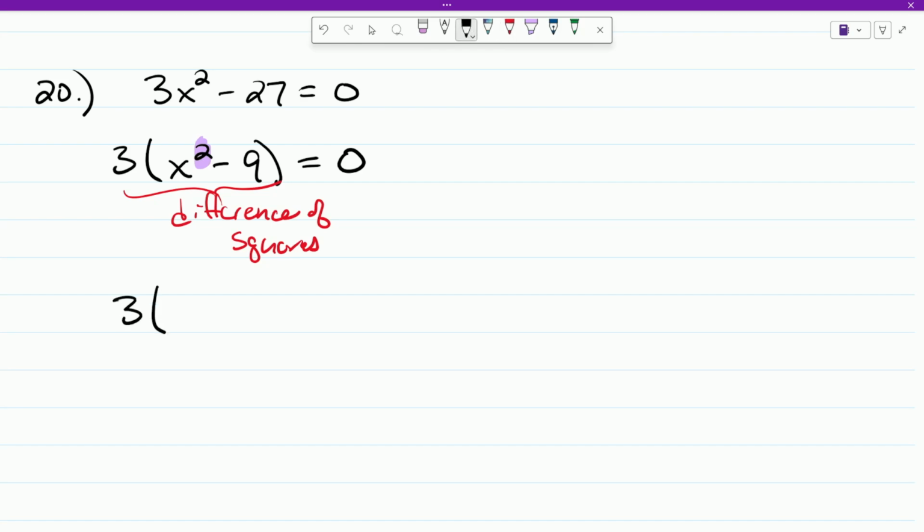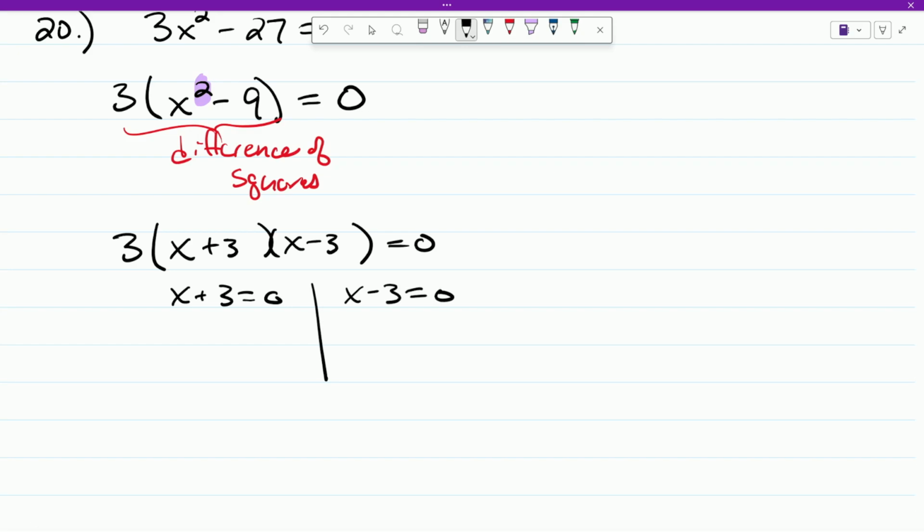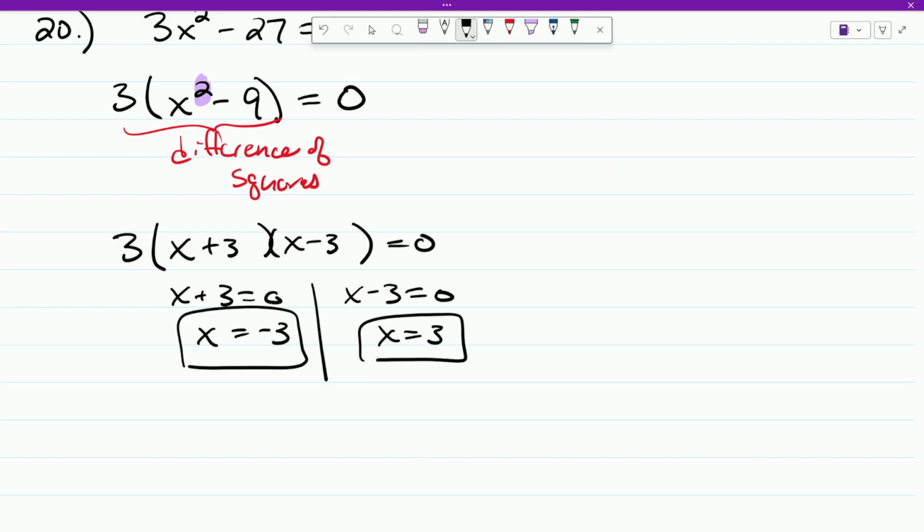So I get 3 times x plus 3 and x minus 3 equals 0. Set each one of these factors that contains a variable equal to 0, and then you go ahead and solve. For the first one, x equals negative 3. And for the second one, x equals positive 3. 20 is a nice problem.